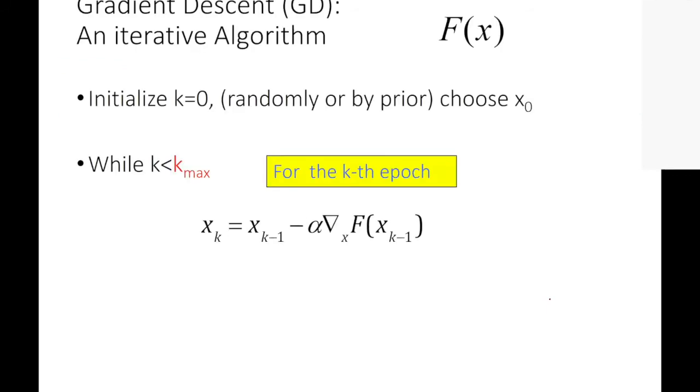Instead of directly solving it, which requires the function to have very good properties, in the majority of cases our loss functions are not that nicely behaved. There's a group of methods called gradient descent. Instead of directly setting that gradient equal to 0, in many cases you just can't solve it.